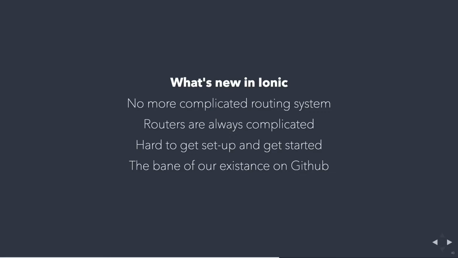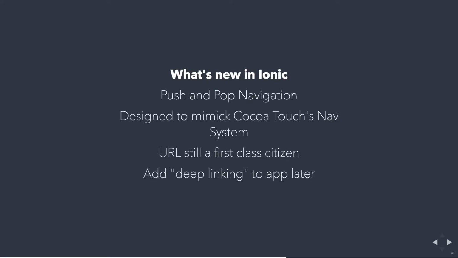In Ionic 2, your primary means of navigating around is a push-and-pop navigation system, very similar to iOS. It's designed to follow Cocoa Touch, the patterns that they put in place. Cocoa Touch is the Apple framework for building mobile apps. And what's nice is that the URL is still a first-class citizen. It's kind of reversed, right?